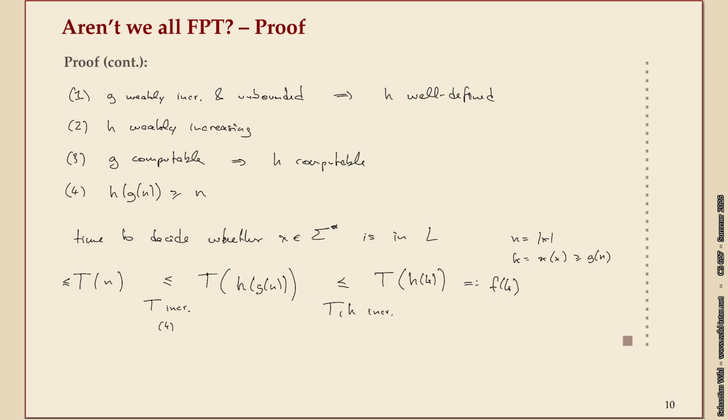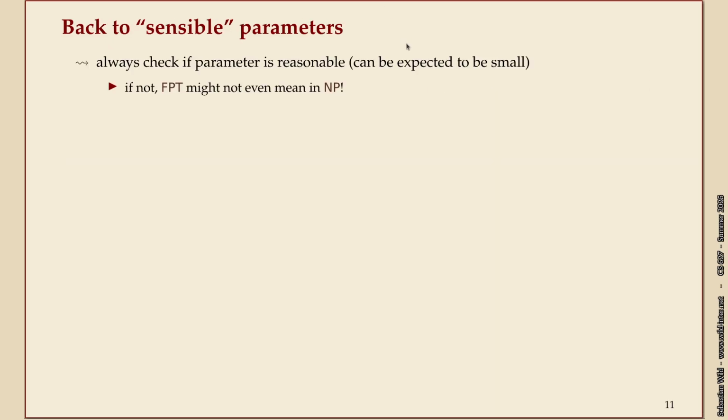FPT doesn't imply anything unless you also pay attention what the parameter is. But for now, let's forget about this. As I said, the definition is to make the theory round, and you have to use it wisely. FPT doesn't even relate to NP in general. Any computable function can be an FPT. Good.